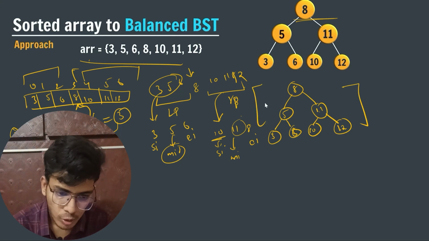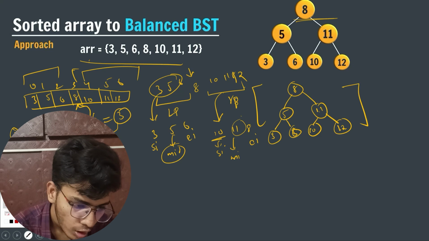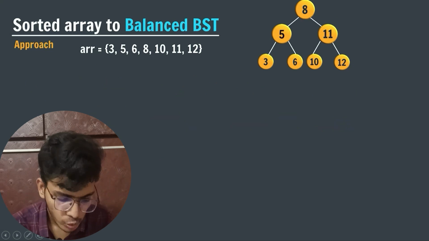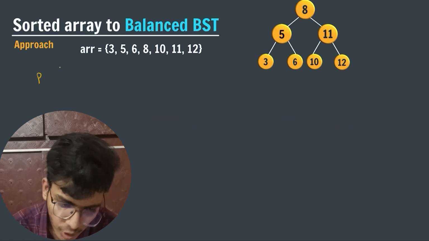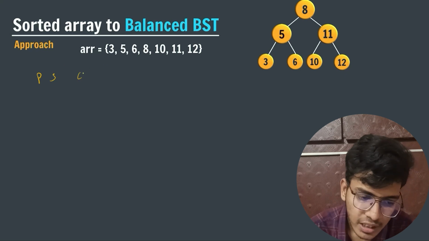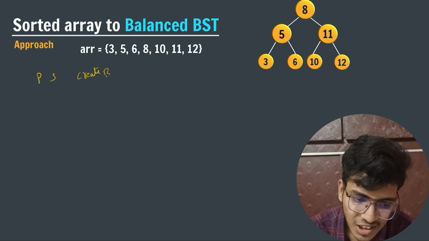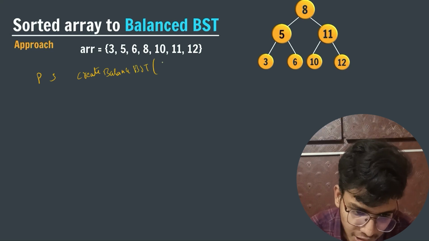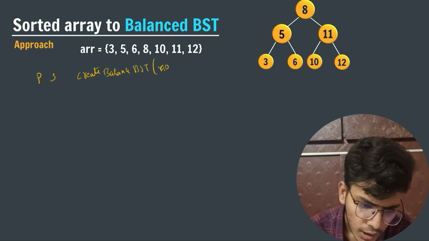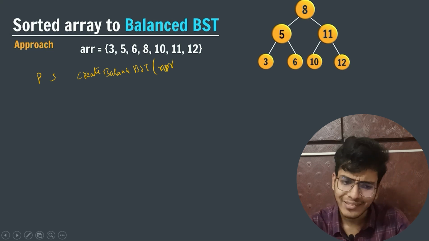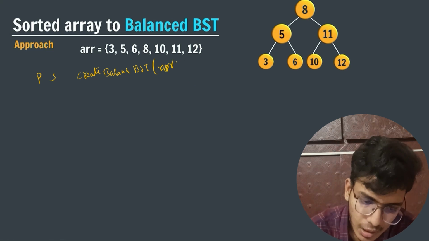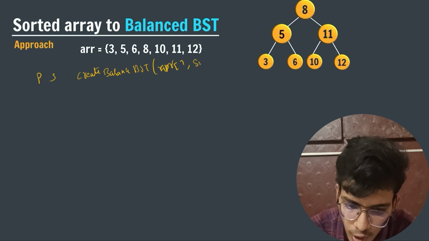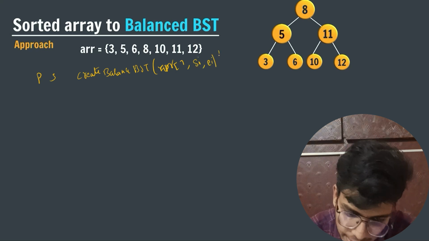So let me remove all this and write the pseudocode. I will create a function, public static, create balanced BST. In this I will pass the given array, its starting index, and its ending index, because I don't have any root node.